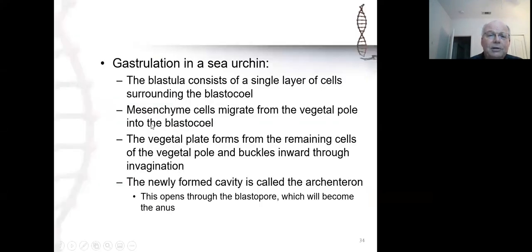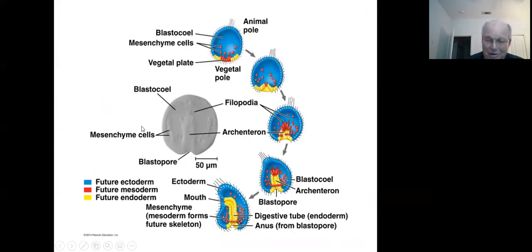So let's take a look at the basics of a sea urchin in a little bit more detail. You've seen most of what you really need to know, but this just gives you a little bit more detail. So gastrulation for the sea urchin begins by cells at the vegetal pole migrating inwards, and those become what are referred to as mesenchyme cells. They will actually become part of the mesoderm.